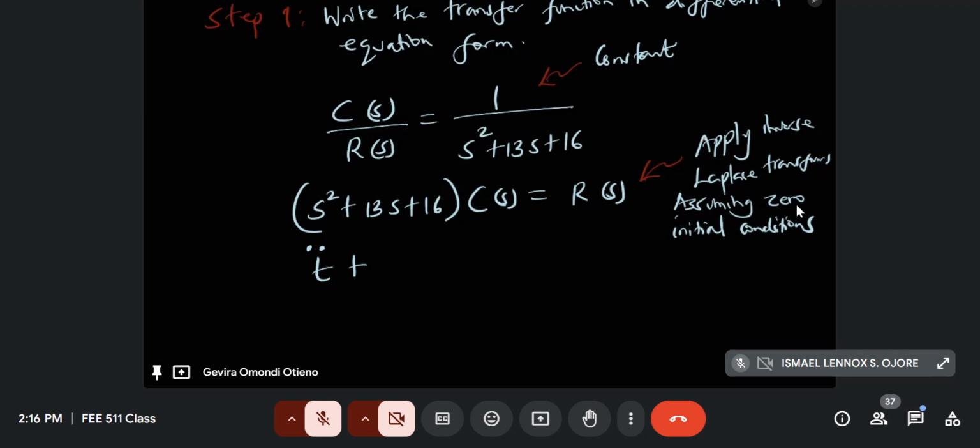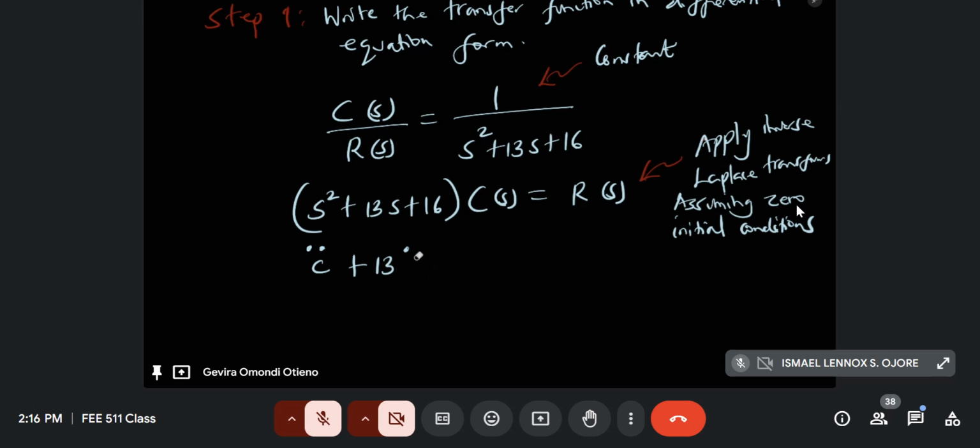I shouldn't use t, ladies and gentlemen, I should use small c, because I'm doing an inverse Laplace transform, so I'm converting into small c. And 13s would just be 13 times the first derivative of c.